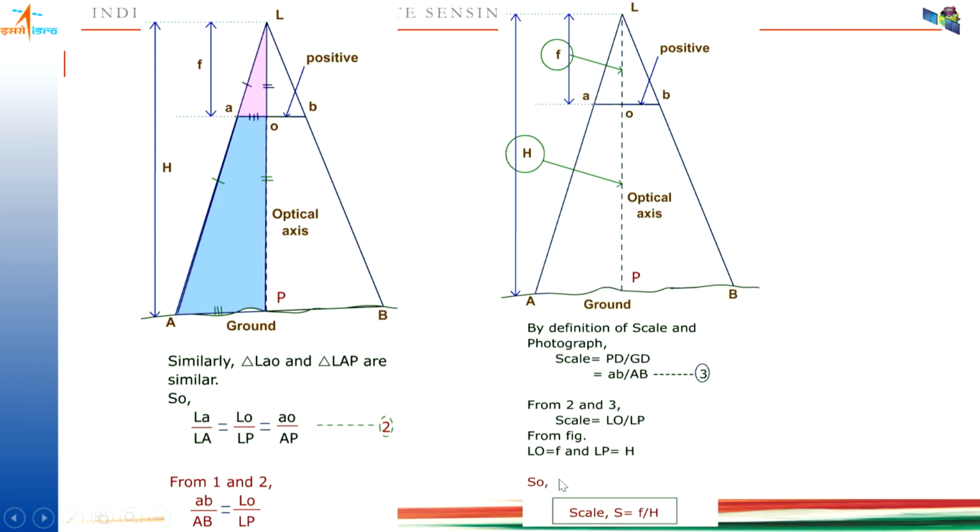So small ab upon capital AB, this is the scale of the photograph. This is photo distance divided by map distance.